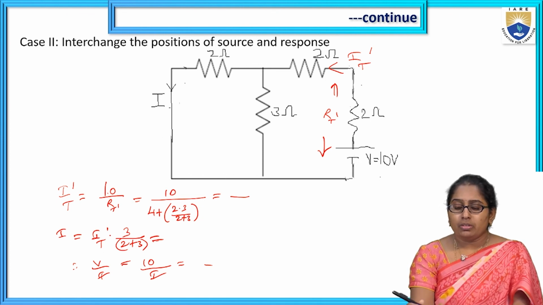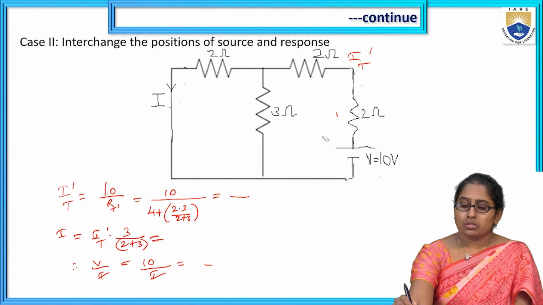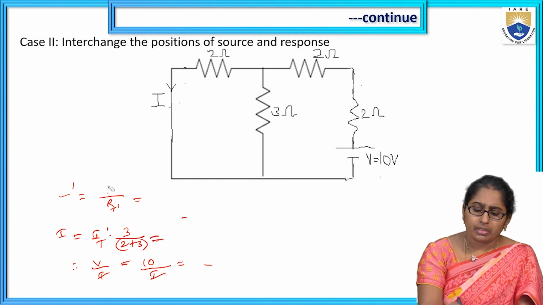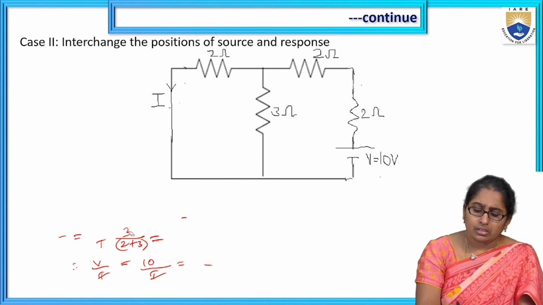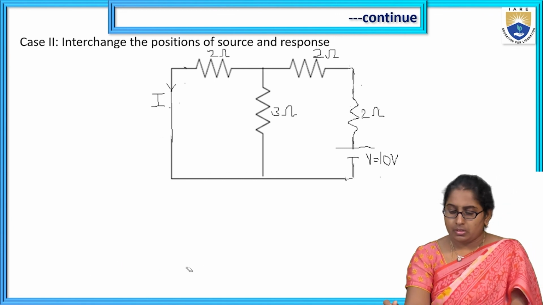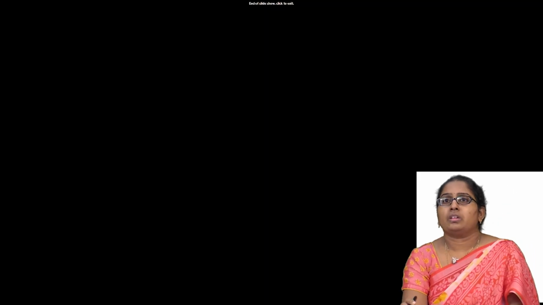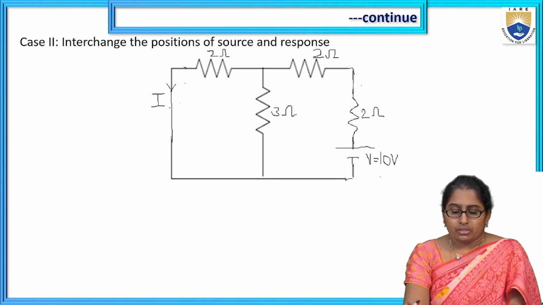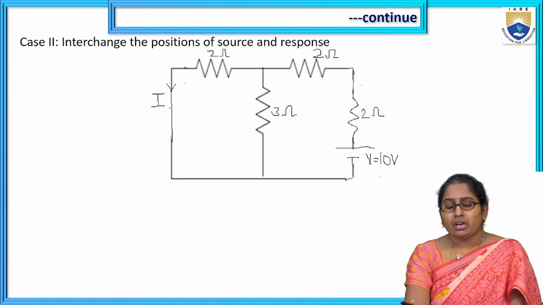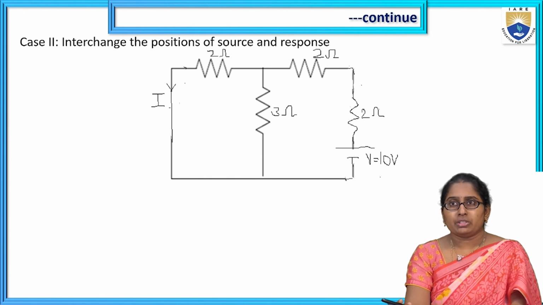That is how for case 2 also the ratio is calculated. Finally we can see that the ratio is constant for both cases, and the reciprocity theorem is verified.